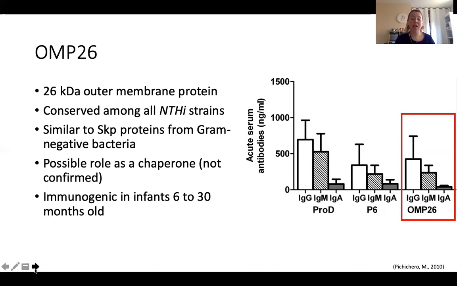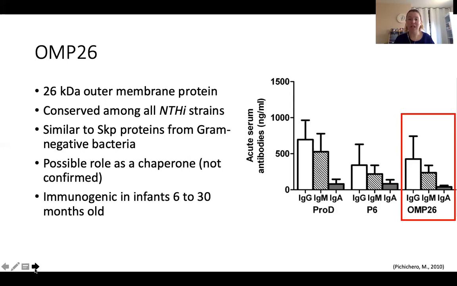But the group at RGH had done some preliminary studies with infants ranging in age from 6 to 30 months old. So they're almost 3 years old at this point. And they all had ear infections. So what they did was take samples from their middle ear space while they were having the ear infection, to test for the amount of antibodies generated against some of the vaccine candidates from their body.